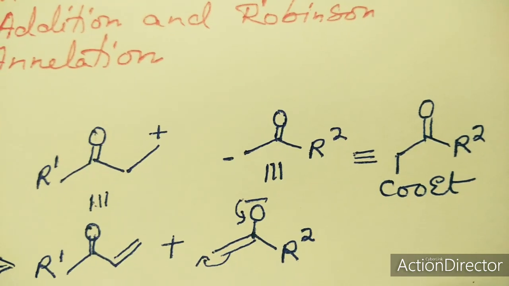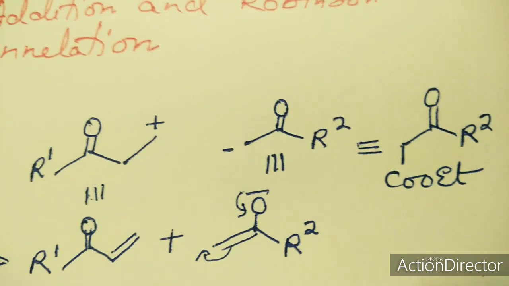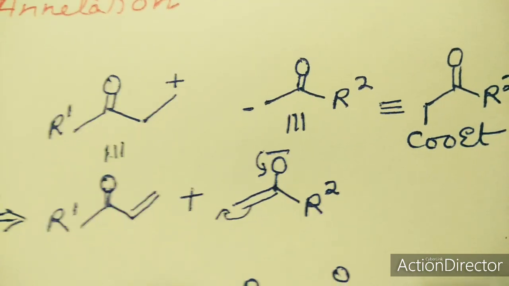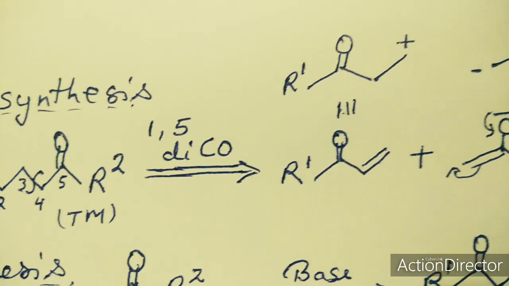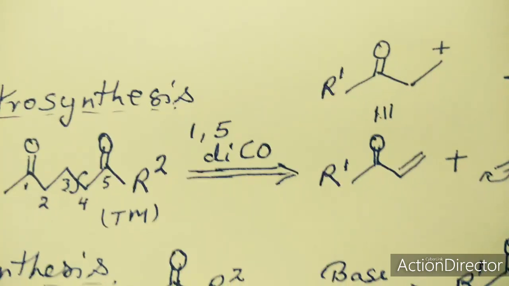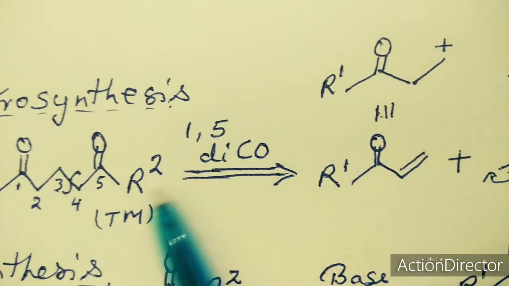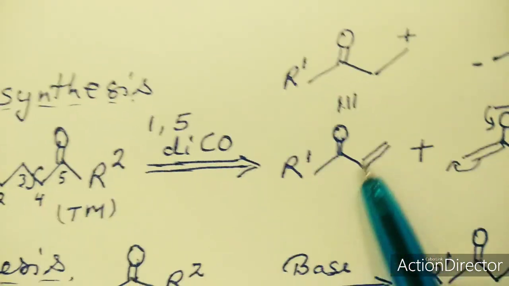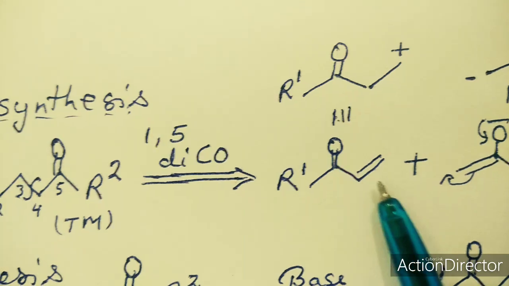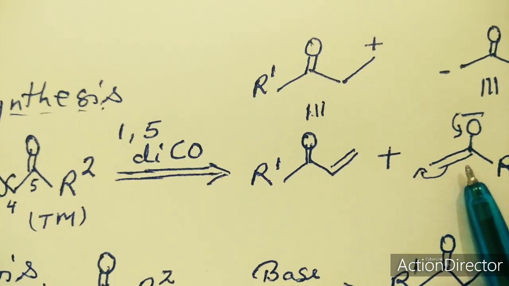Now, these two synthetic equivalents will react to give us the product. Let's see how this works. The disconnection between the 3 and the 4 carbon led to this alpha beta unsaturated ketone and this enolate.